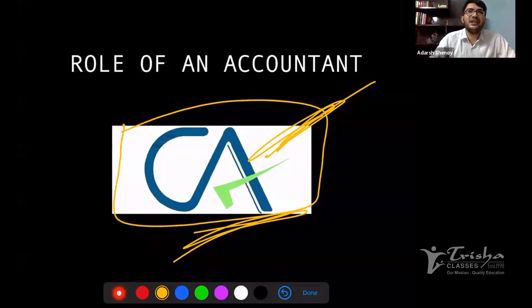One of my friends got married last year, and both of them were chartered accountants, the groom and the bride. On the wedding card, they had put this logo in front of their names. Exactly this logo, same colors. It was a nice cream color card. In that, suddenly you see blue and green in between. And it was this logo.